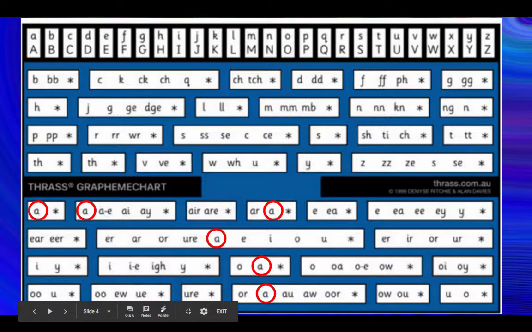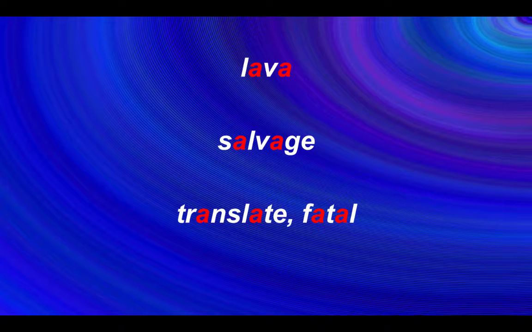Okay, very interesting, but I wanted to take a look at a couple of words. As we were reading through that list, I don't know if you noticed, but I sure did, a couple of words that have 2 A graphemes, but they make different sounds. This word here, lava. L-A-V-A.